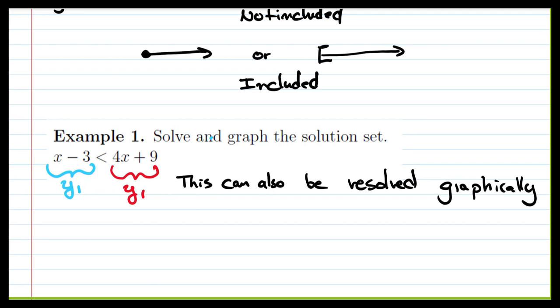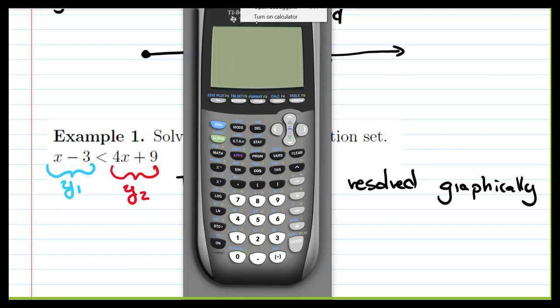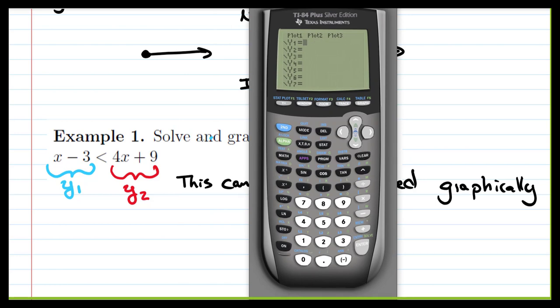So I'm going to call x minus 3 y1, and I'm going to call 4x plus 9 y2. If I grab my graphing device, and I press my y equals, so my y1 is going to be x take away 3, and I press enter, and then my y2 is 4x plus 9.